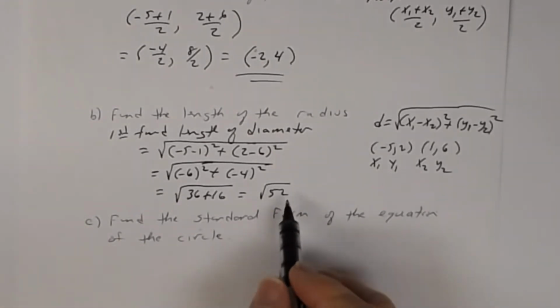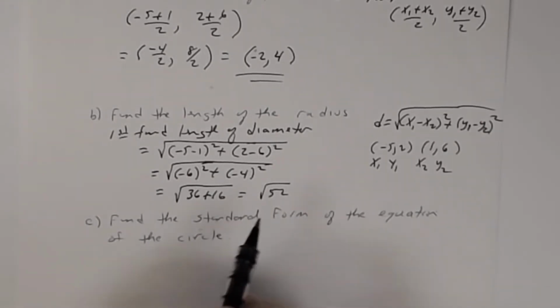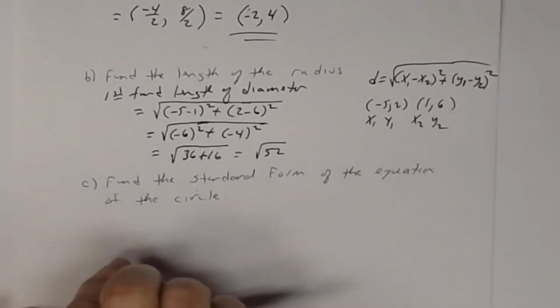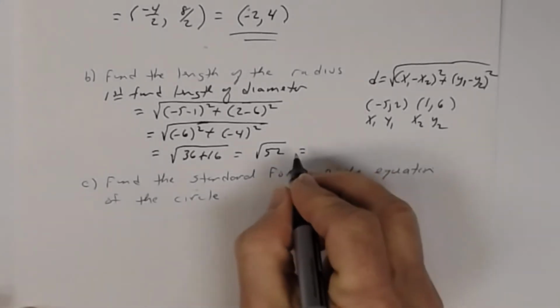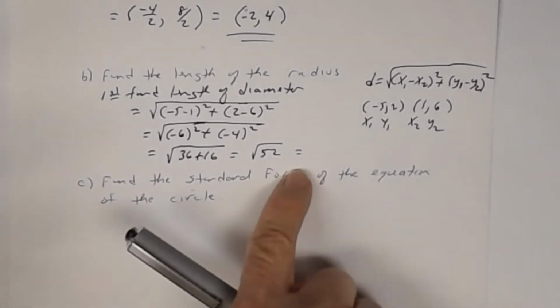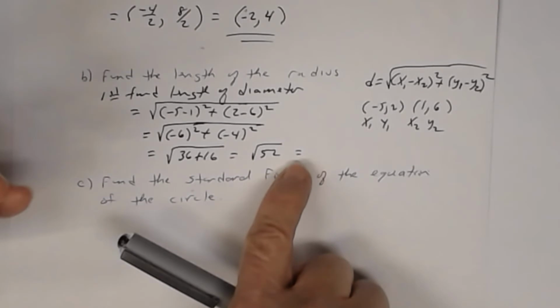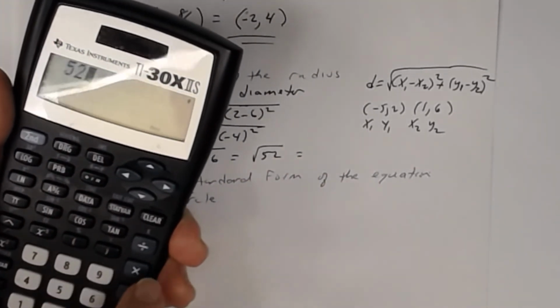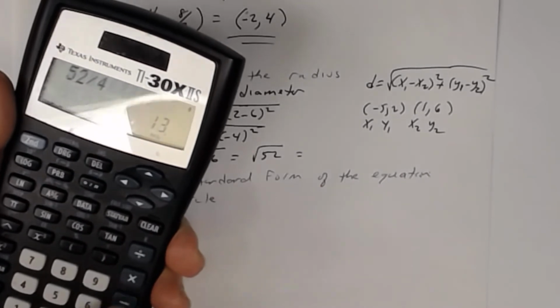Now, you want to simplify the radical if you can, but here you don't, and here's why. Leave it like that. You're now going to find the standard form of the equation of a circle, but if you went ahead and simplified this, nothing wrong with that, but I want to show you something. I'm using a calculator, and 52 divided by 4 is 13.